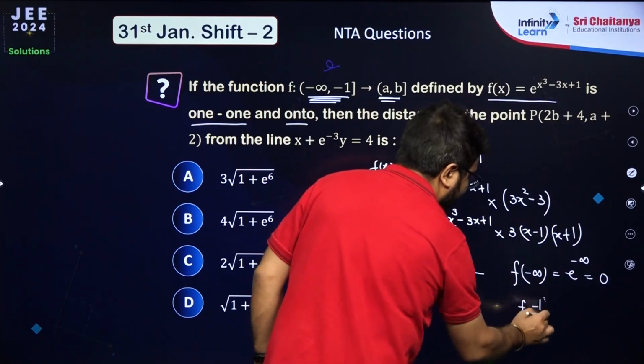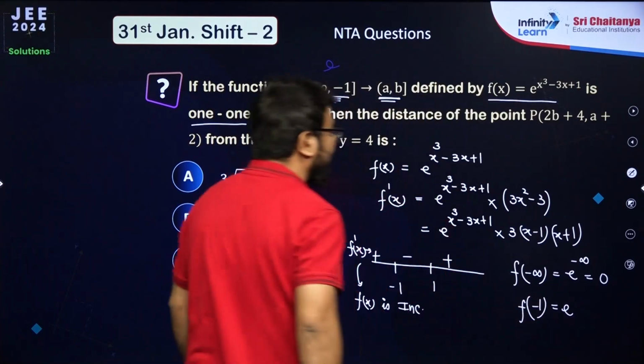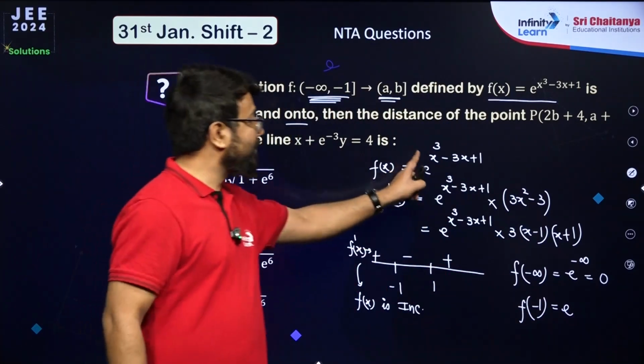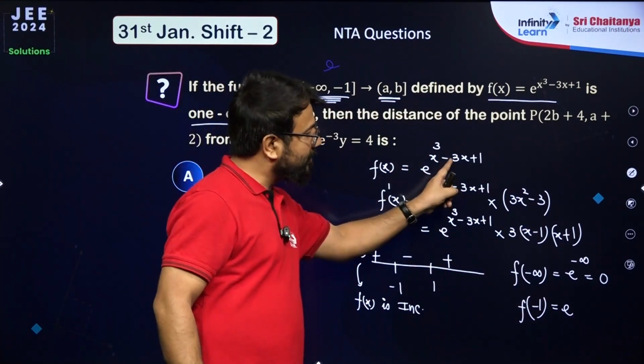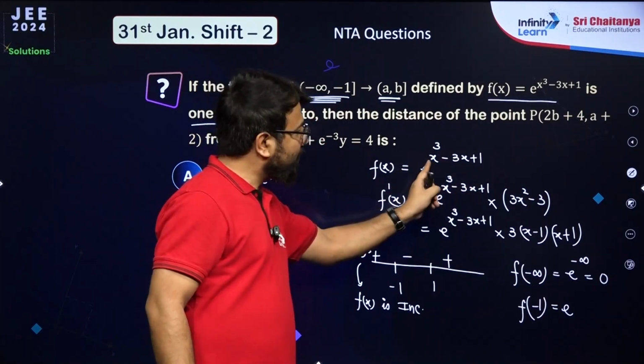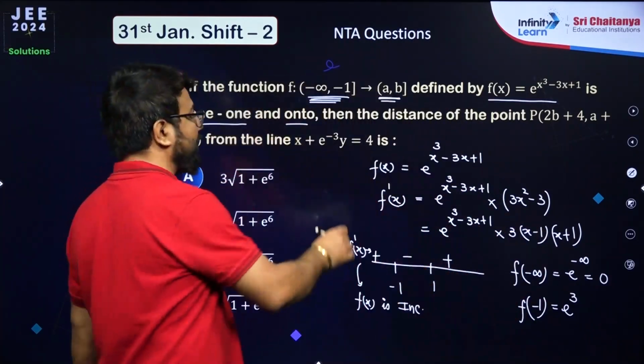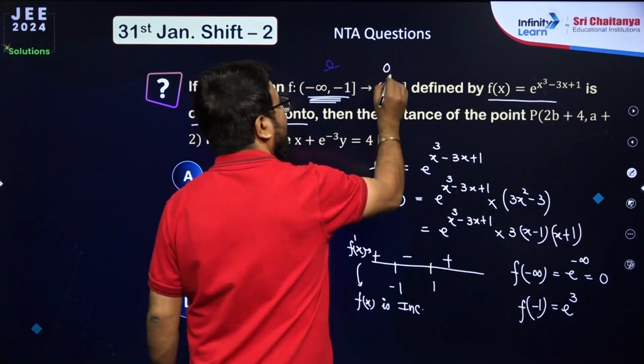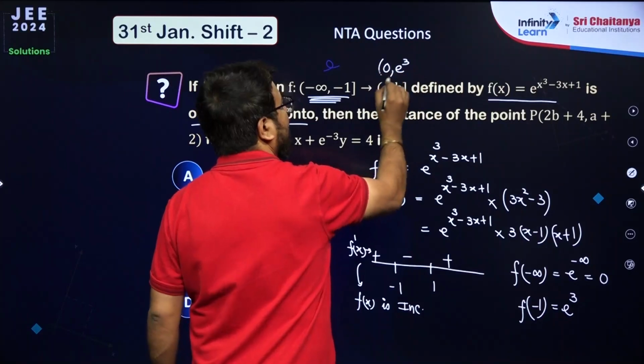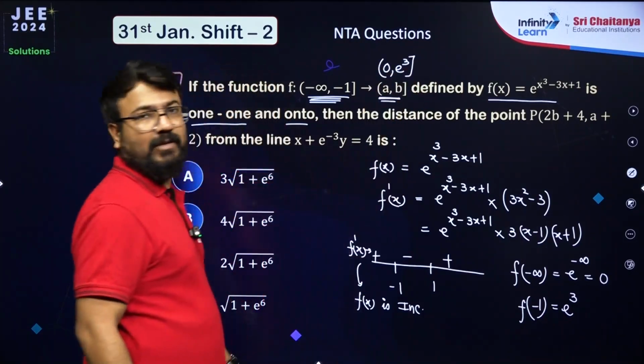Let us find the value of f of minus 1. It becomes minus 1, and here it becomes plus 3 and plus 1. So minus 1 plus 4, so e cube will be there. F of minus 1 will be e cube. So we got the value of small a as 0 and the value of small b as e cube. I hope you are able to understand how we got the values of a and b.